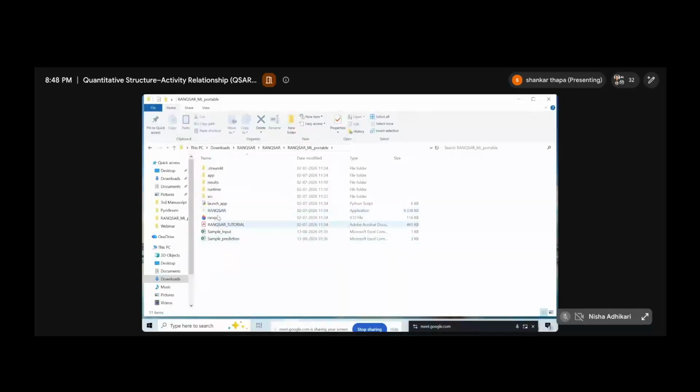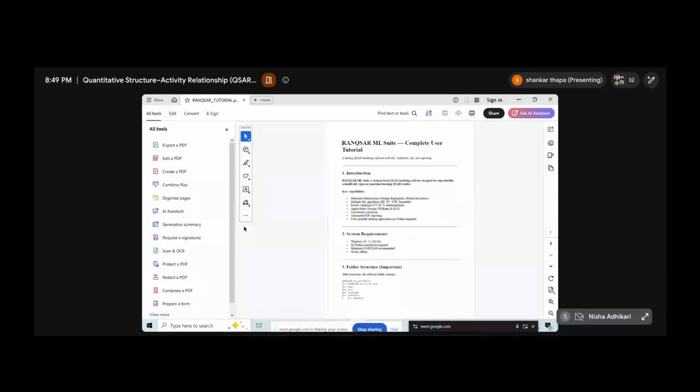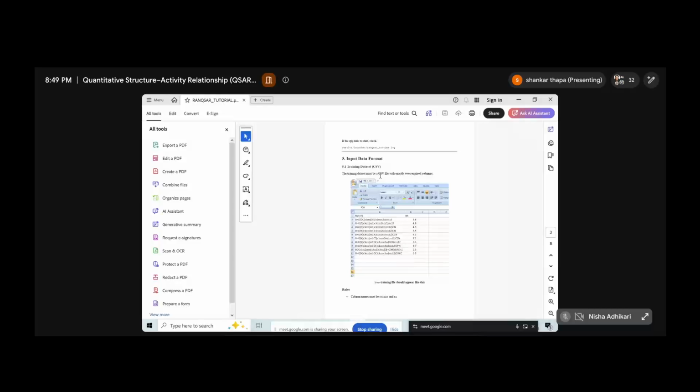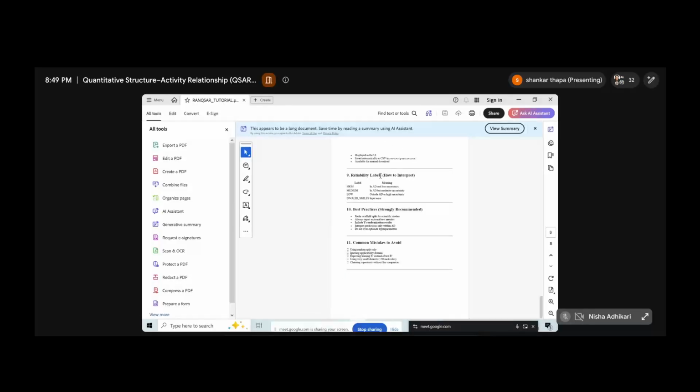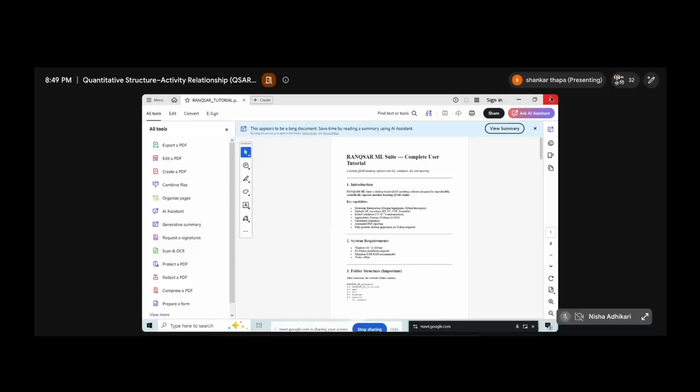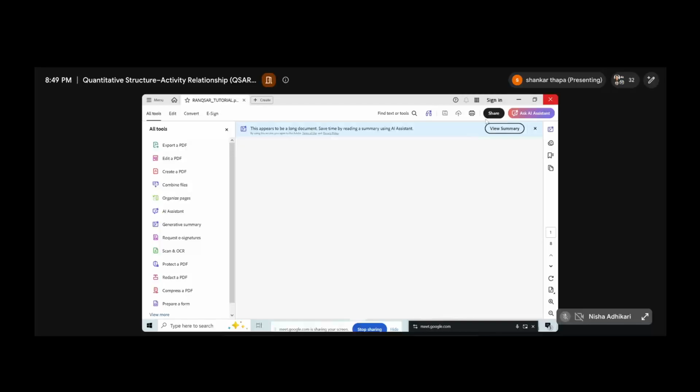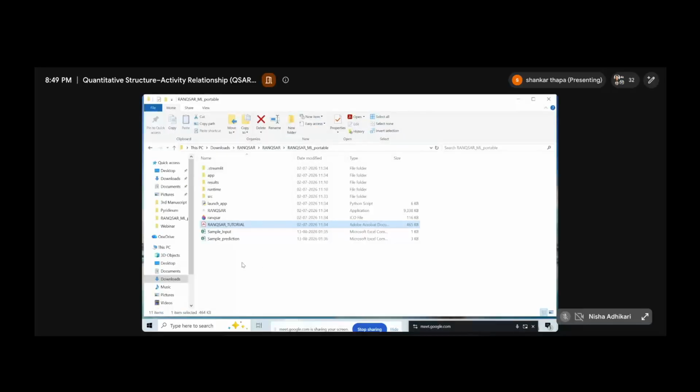After installation, one more thing: before conducting your experiment, you can go through the tutorial. Everything is explained in this tutorial: how to do it, what type of data it requires, what the steps are, what each algorithm means, and how you can use those algorithms. I strongly recommend you go through it before conducting your experiment.